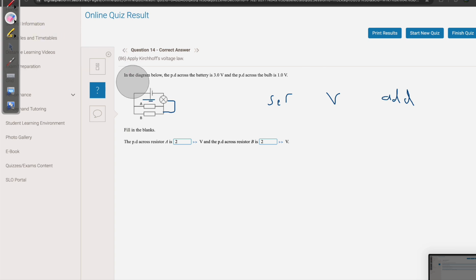So the voltage going through the combination will simply be 3 minus 1, which is 2. And now since in parallel voltage is constant everywhere in the combination, both resistors will have 2 volts going through them.